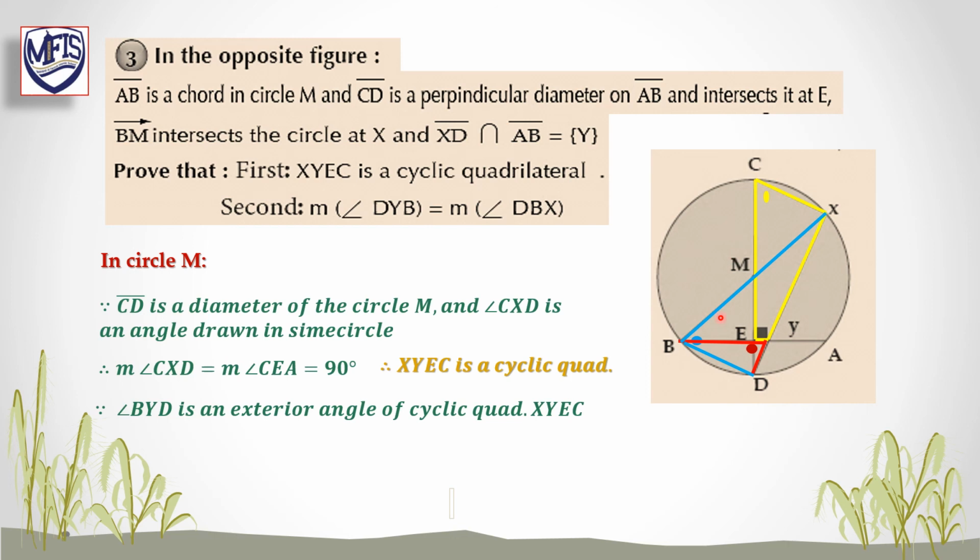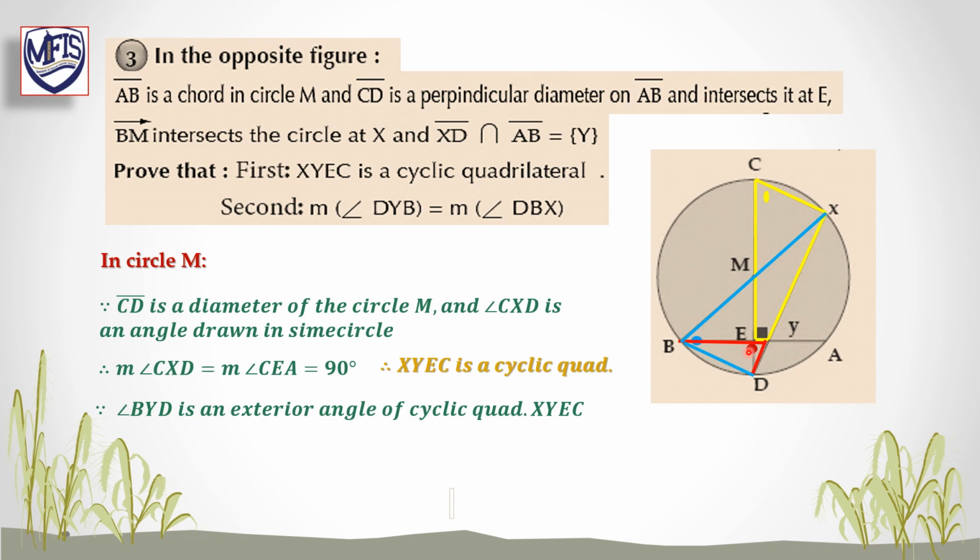Now, what is the relation between angle C, the yellow angle, and the red angle, angle DYB? Yes, the angle BYD is an exterior angle of the cyclic quad XYEC. The red angle is an exterior angle.